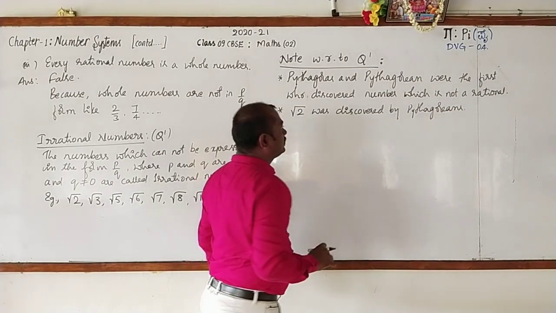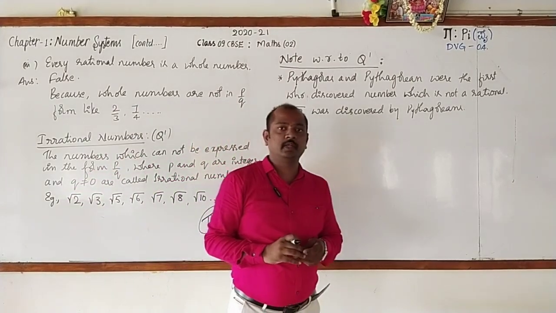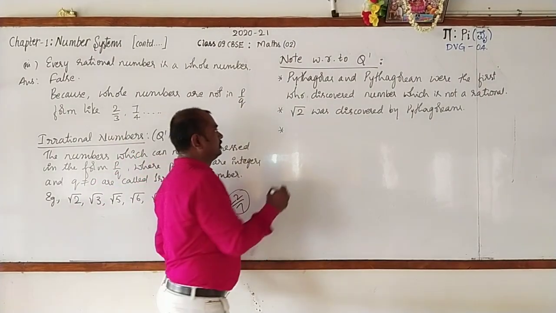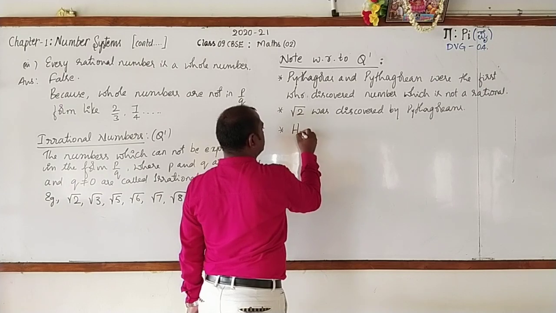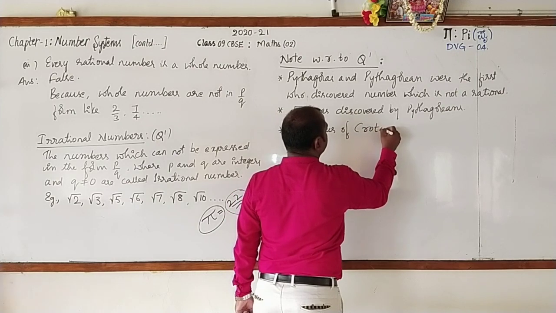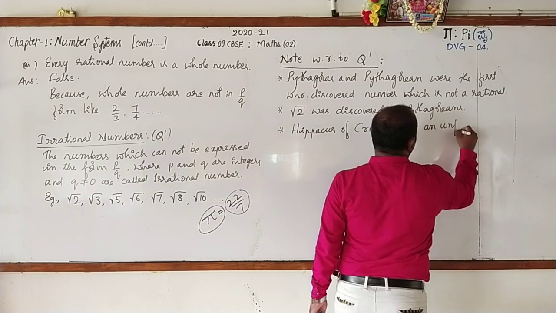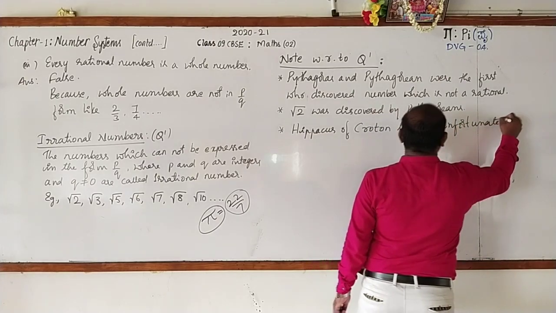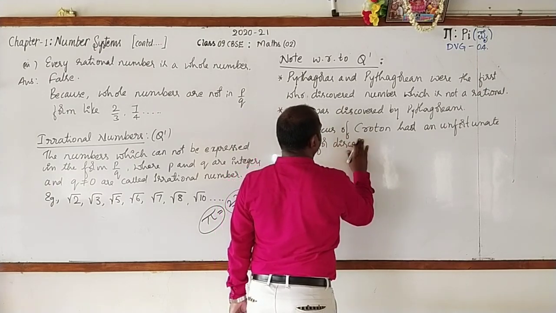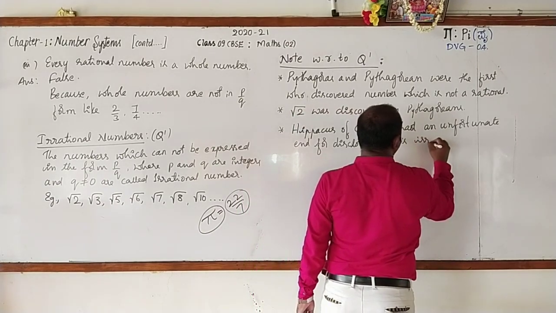And third important point, as I told, one of the Pythagoreans who had an unfortunate end is Hipparchus. One of the Pythagoreans, that is Hipparchus of Croton, had an unfortunate end for disclosing root 2 is irrational.